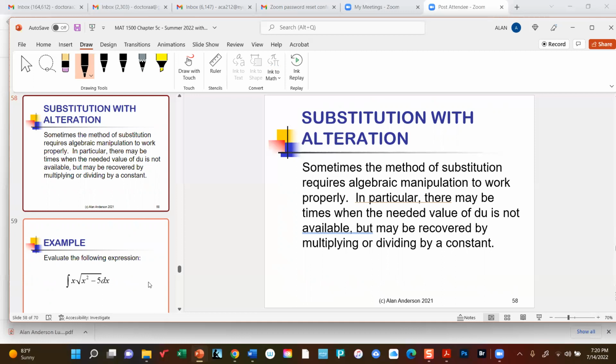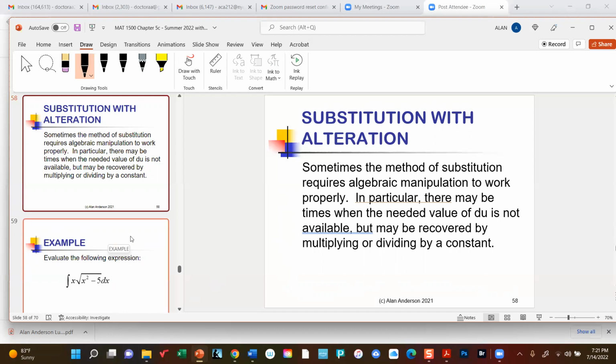In other words, you might be missing a constant, for example. Well, then there are ways that you can rearrange your expression algebraically to force it to work with the method of substitution. In other words, you should never give up with this thing. There's often clever ways of making it work. Okay, that's why it's so powerful, because it can be used with so many different cases.